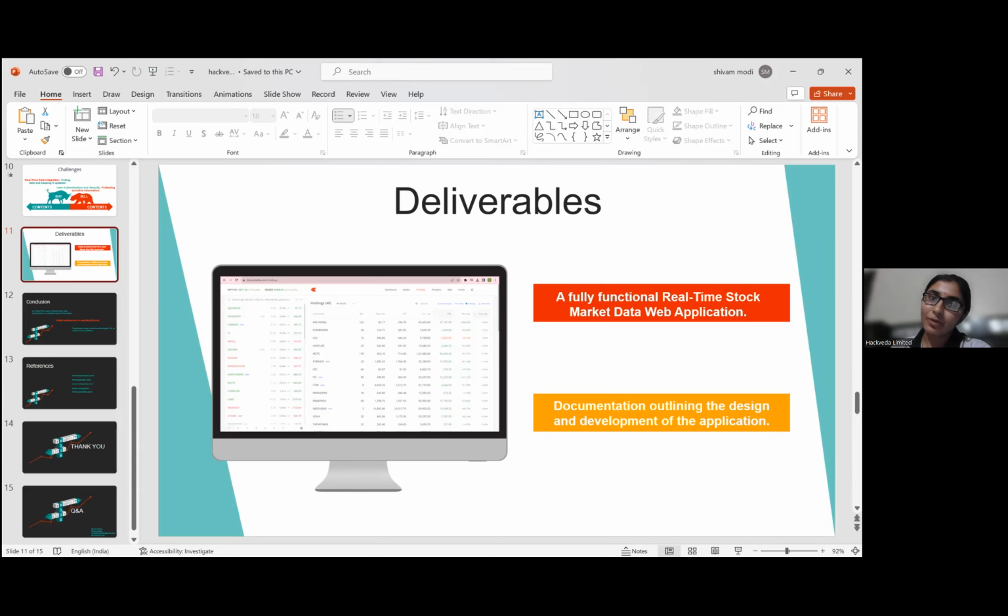But the same is true for PostgreSQL. Do you know about this? Yeah, ma'am, that can also be used in place of this. Yes, we can use it, ma'am, but it is a modern technology, that's why I have used MongoDB.